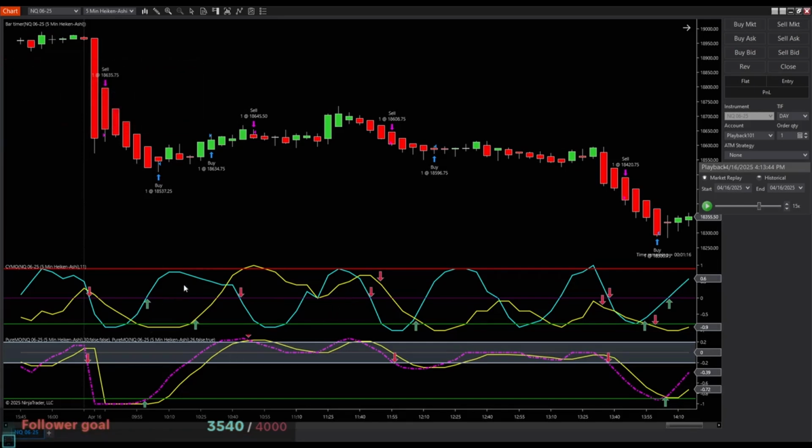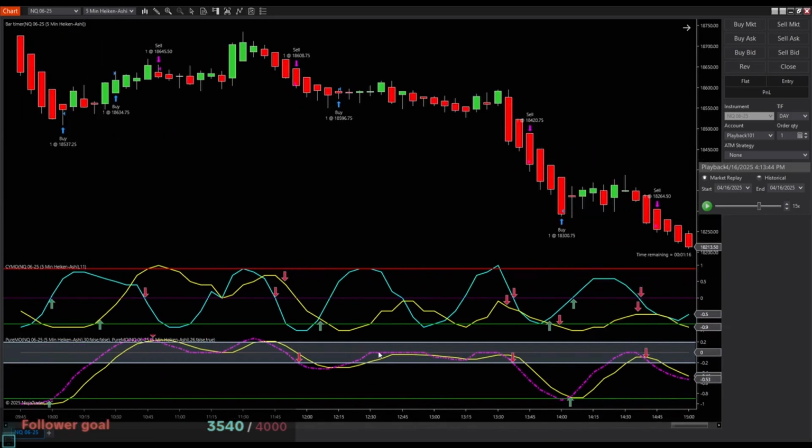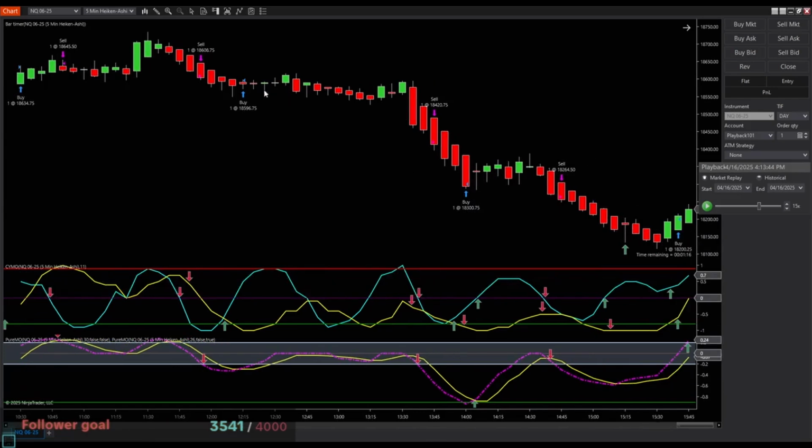Cyclic turns right here. Look at this. Here, here, here, here, here. It caught them. Structure, perfect. Highlighted them too. And when the market drifted sideways right here, PureMO said, hey, nothing here, wait. And it would have gotten you out of a lot of this bad chop that just really didn't go anywhere at all.